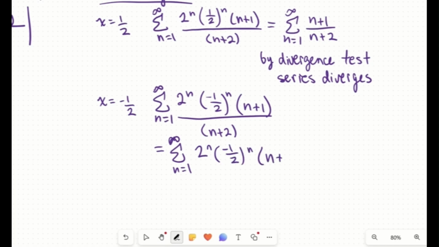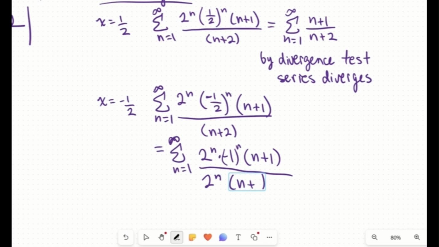Instead of writing negative 1/2 to the n, we can write 2 to the n times negative 1 to the n times n plus 1, and then that 2 we can put on the bottom to be 2 again, over n plus 2. So we distributed this power of n in and got the negative 1 to the n and then the 2 to the n.